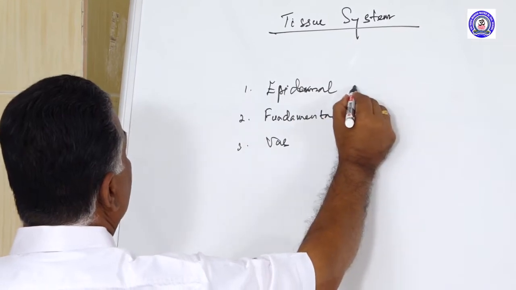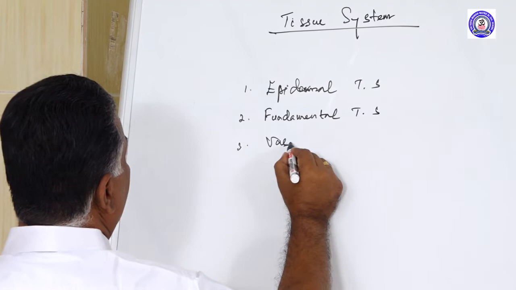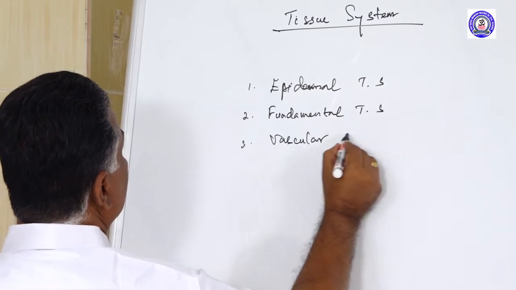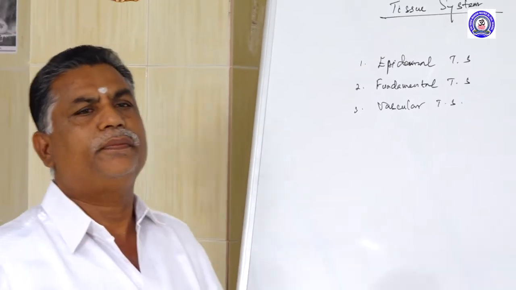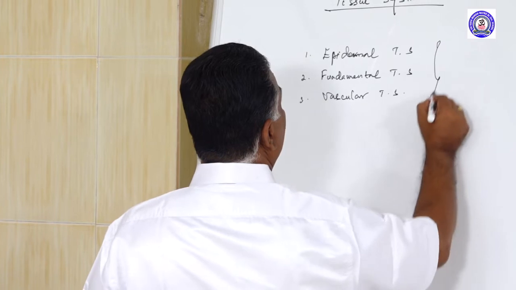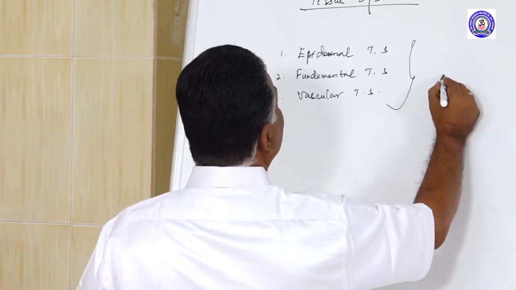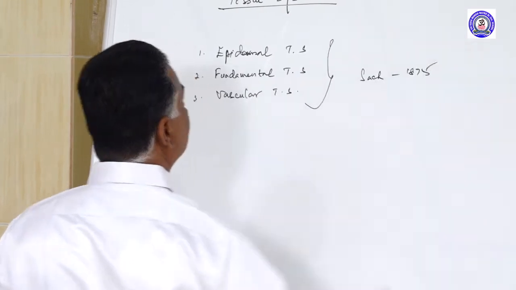So we have the epidermal tissue system, the fundamental tissue system and the vascular tissue system. The TS stands for tissue system. This classification of tissues was made by Sachs in the year 1875.